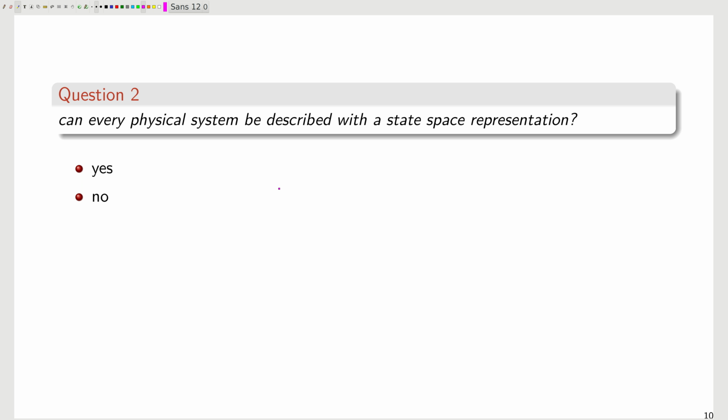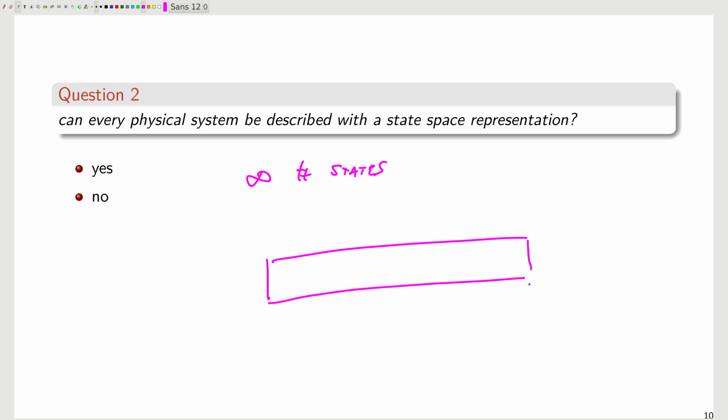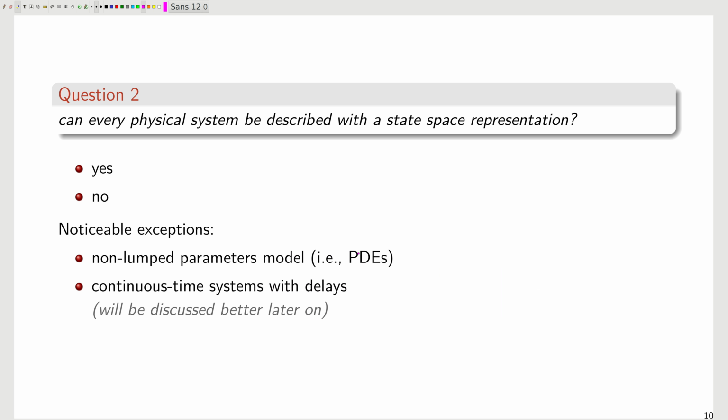For example, if we are having a bar of metal and we consider the temperature of this bar of metal, the temperature is defined everywhere. And somehow every point in the bar influences the other neighboring points. We have some situations for which we have PDEs, partial differential equations, for which the parameters of the models are distributed.